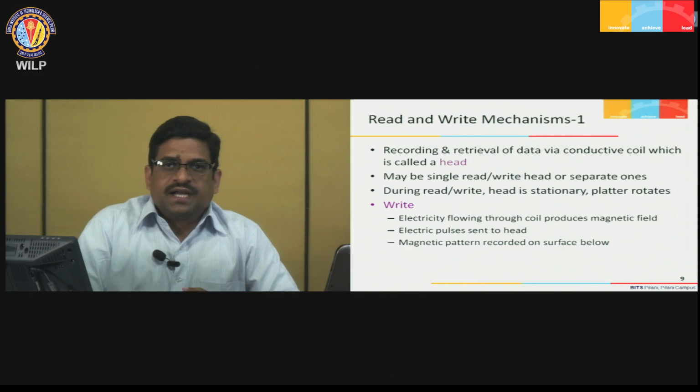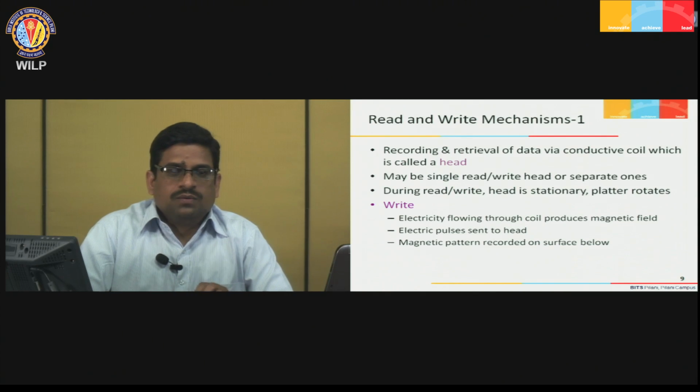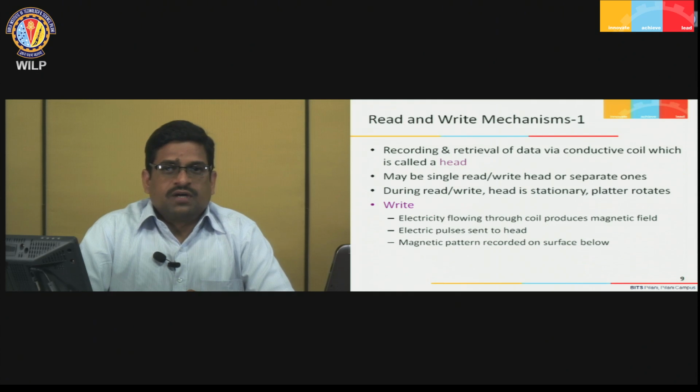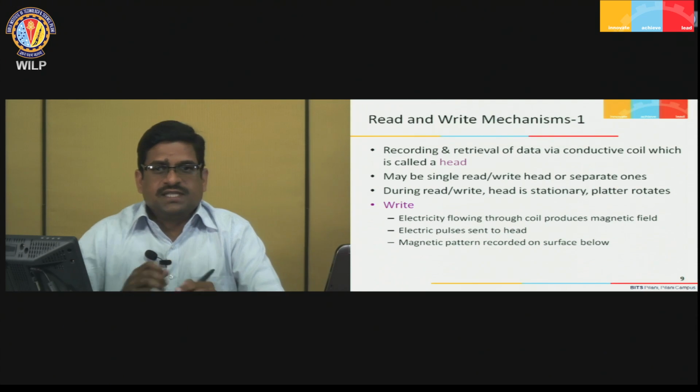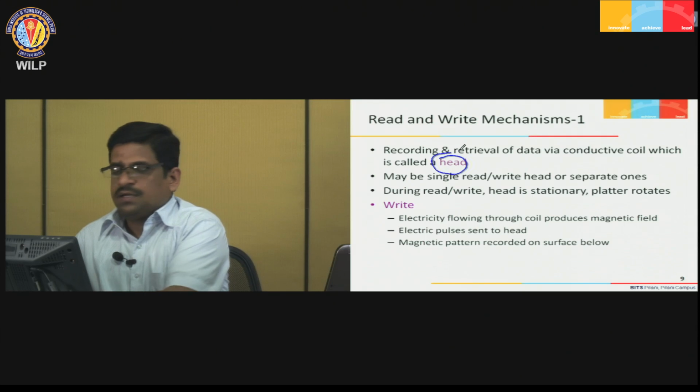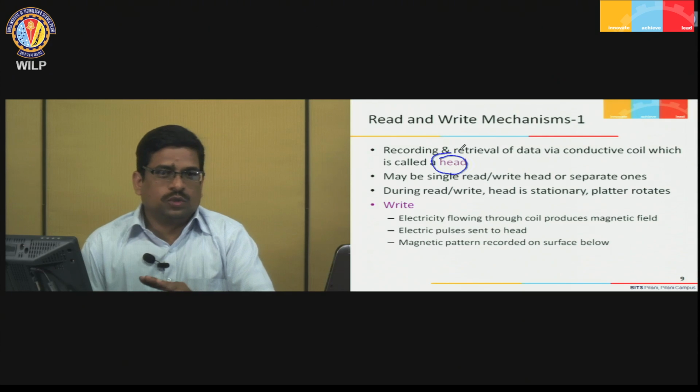Now, look at the read write mechanism, how reading and writing is done on these magnetic disks, the so-called hard disk. Recording and retrieval of data is through a conducting coil, which is called the read write head, as also shown in the picture of the disk.